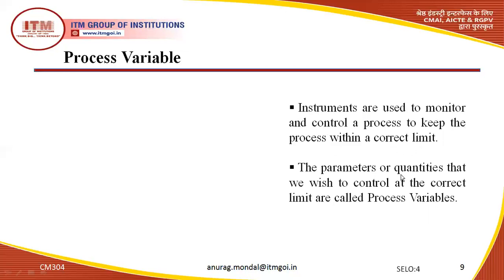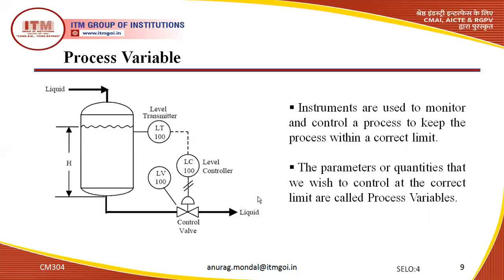The parameter or quantity that we wish to control at a correct limit is called the process variable. Let me explain with the help of a process. Here again, the level controlling unit. Now what are we going to maintain? The level.